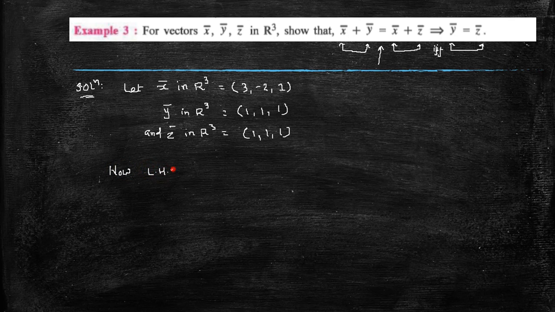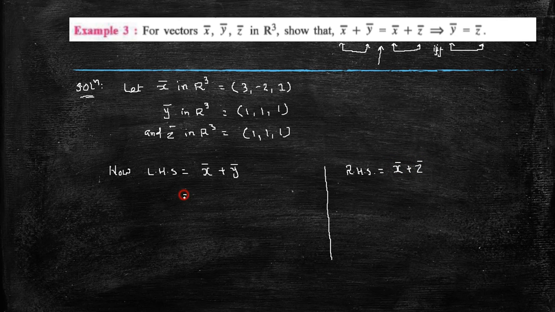Now, left hand side, what is our left hand side? This one is equal to x bar plus y bar, and over here we will find the right hand side. Right hand side is equal to x bar plus z bar.